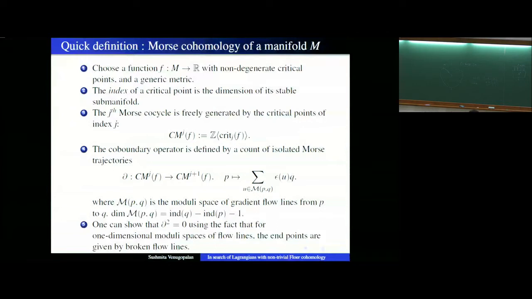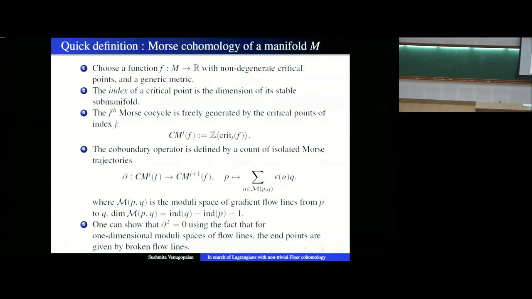And then the jth Morse cochain group is generated by critical points of index j, and the coboundary operator is defined by counting isolated flow lines.